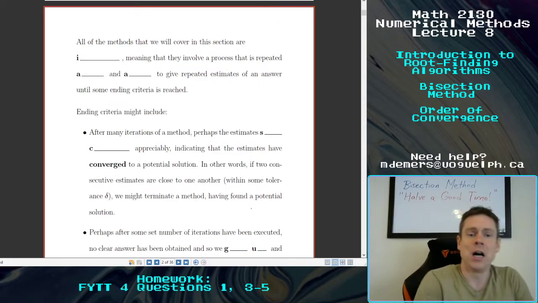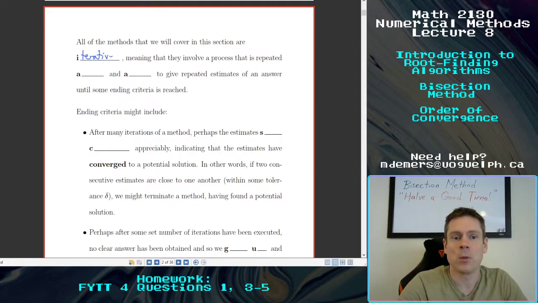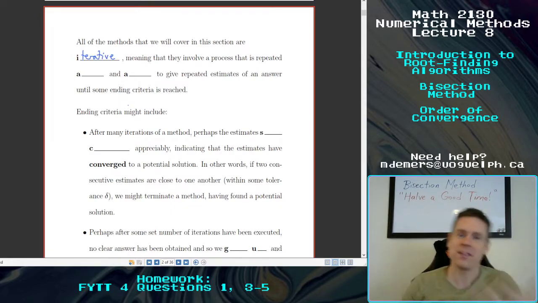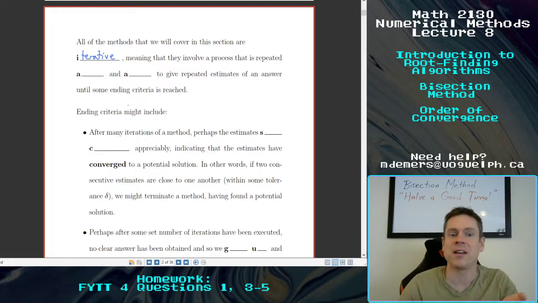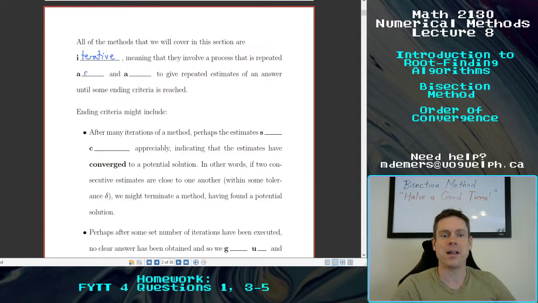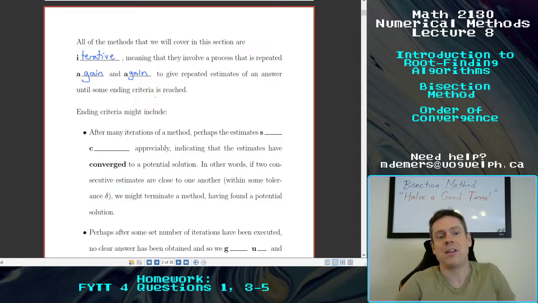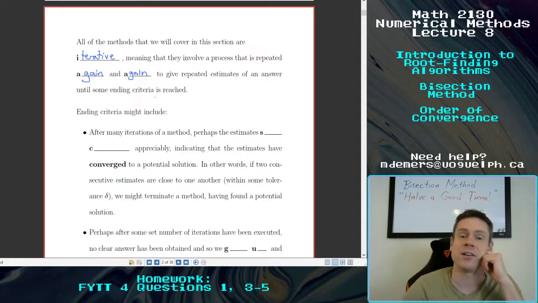Okay, all of the methods that we're going to cover in this section are what we call iterative. What does this mean? Well, if you iterate something, it means you repeat it many, many times over. So it involves a process that's repeated again and again, and you get a bunch of estimates of an answer until some ending criteria is reached. That ending criteria can differ.